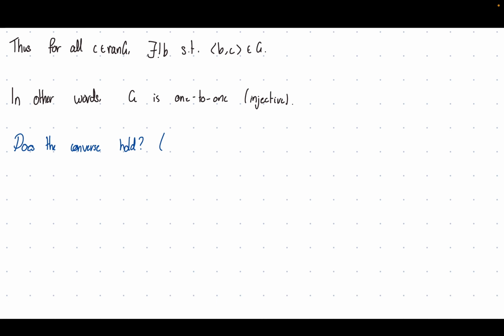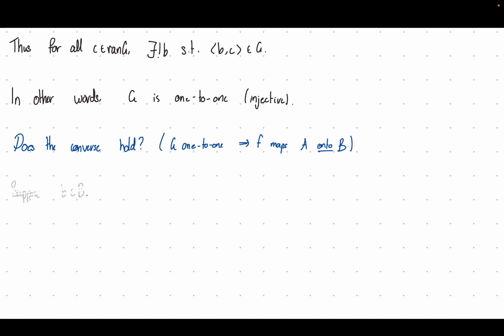In other words, g being 1 to 1 implies that f maps A onto B. I say no. I say it doesn't, because let's suppose b isn't in the range.